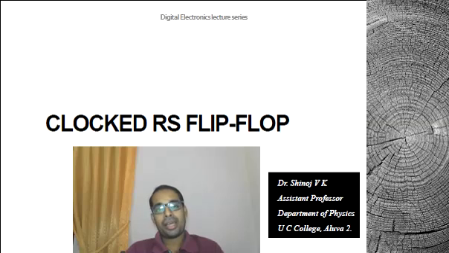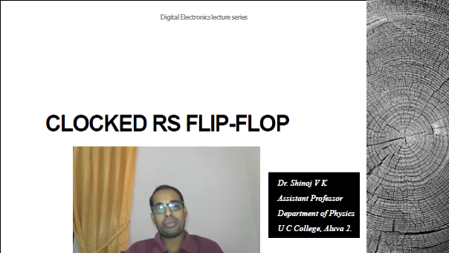For a normal RS flip-flop, the output keeps on changing according to the input signal, which is not favorable in most cases. So in order to control that, we use a clock signal which will enable the output to change only when there is a triggering clock pulse. After that, we discuss the JK flip-flop, which can avoid the forbidden condition.